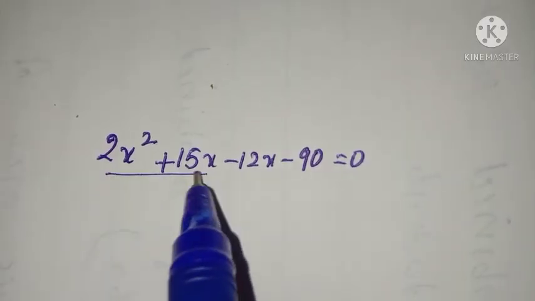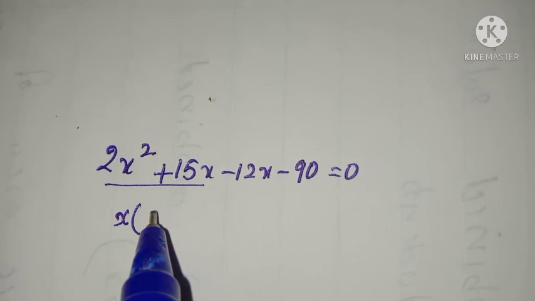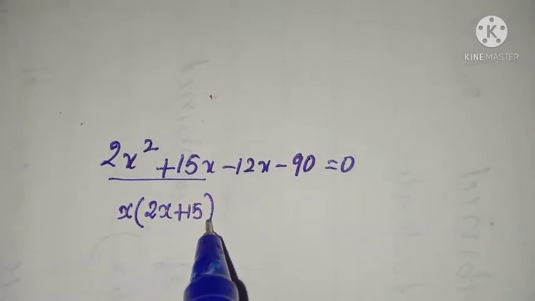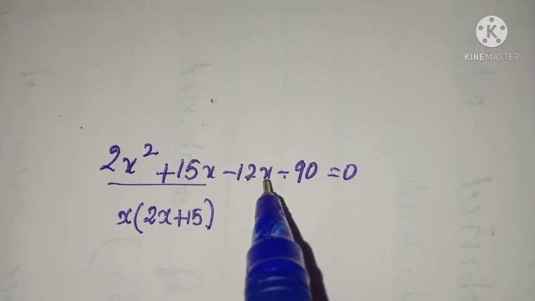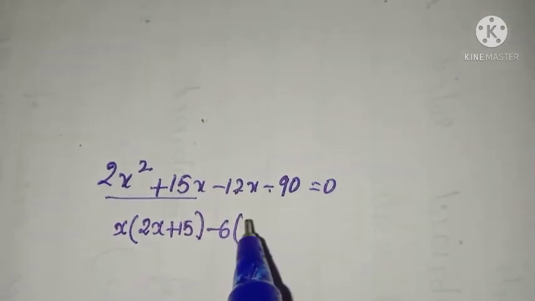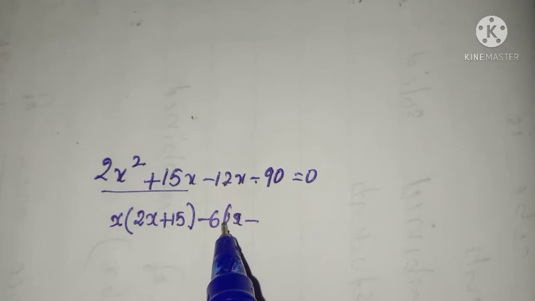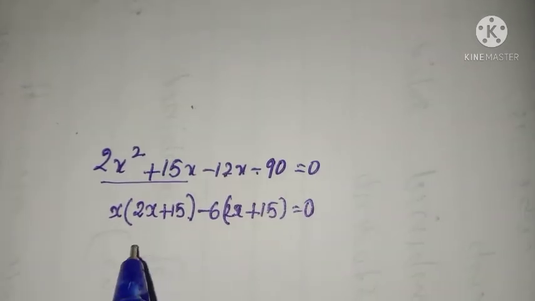From the first two terms, take the common factor x outside. So x into 2x plus 15. Here minus 12x minus 90. From here we can take minus 6 as common. So remaining x minus 6 into 2x plus 15 equal to 0.